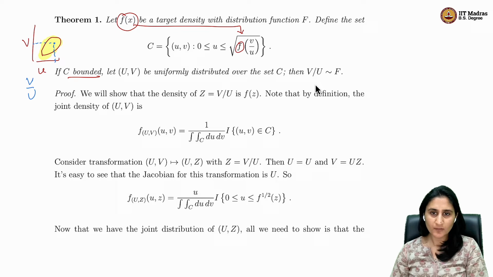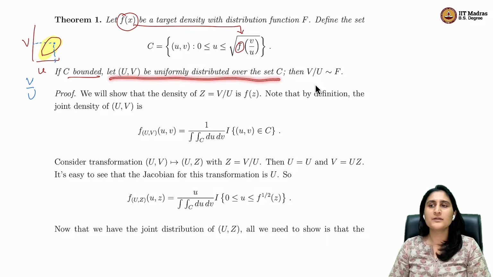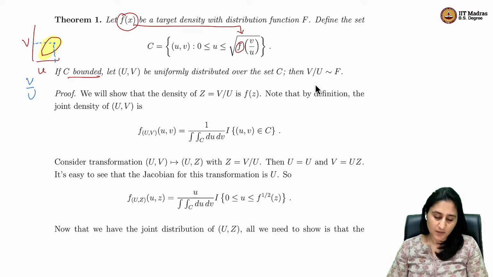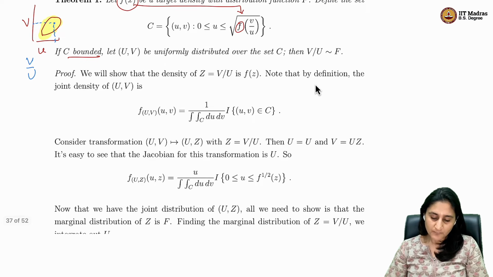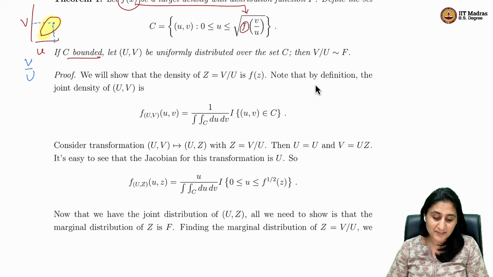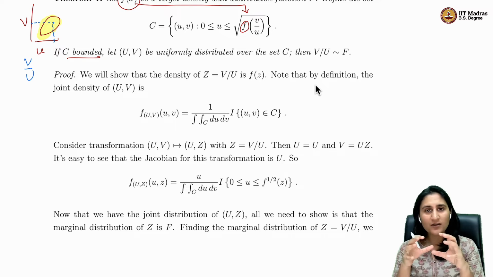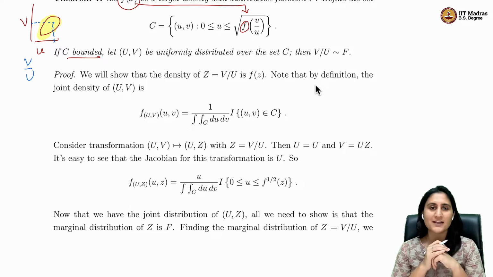Now, in order to do this, first what is given to us in our theorem is that u comma v is uniformly distributed over a set C. This is what is given to us. So that means what is the joint density of u comma v given that it's distributed over the set C? Well, the joint density is just going to be the support, which is the set C, divided by the area of the whole set.